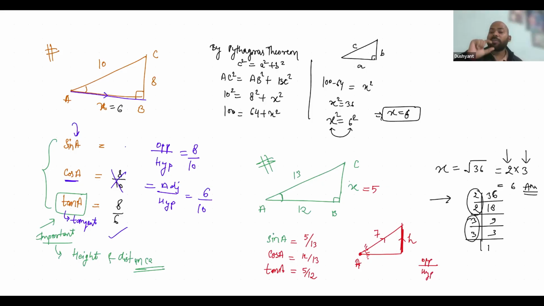If opposite and hypotenuse I have, which trigonometric ratio should I use? Sine, yes. So you can use sine here.